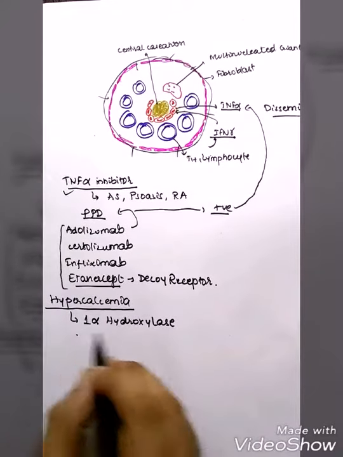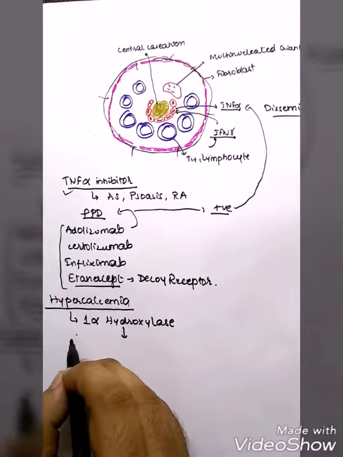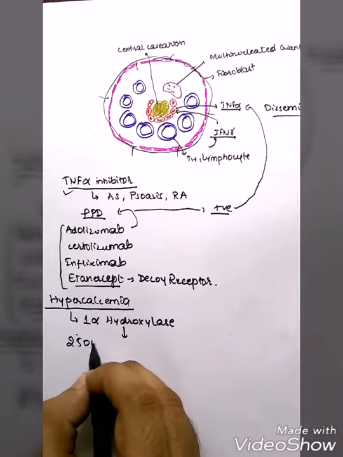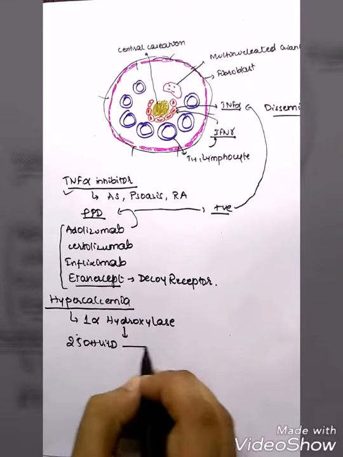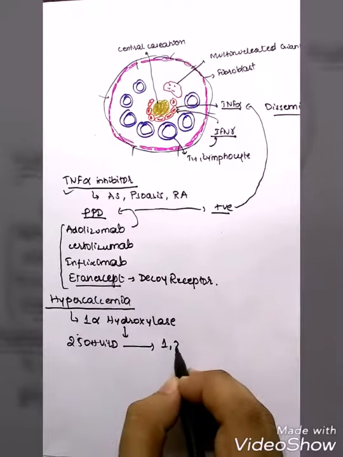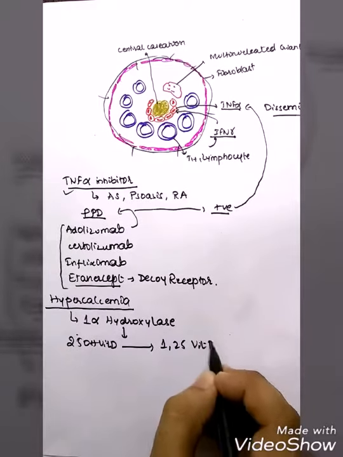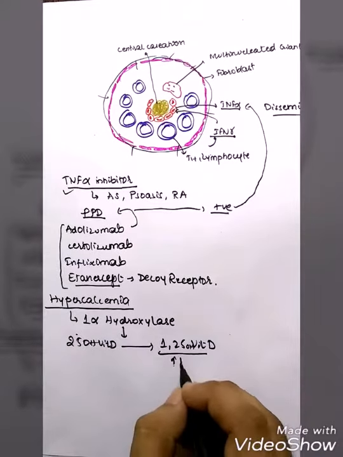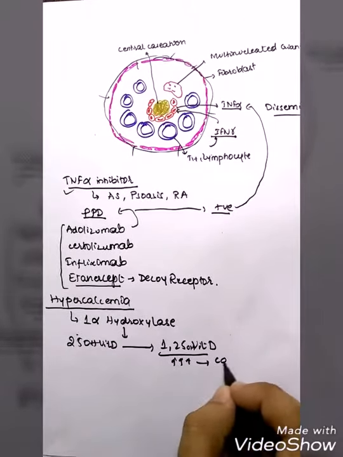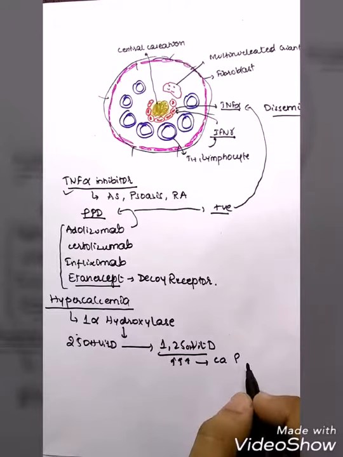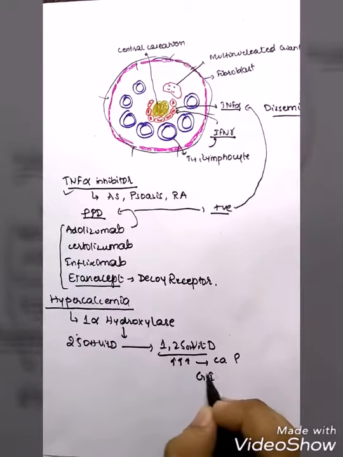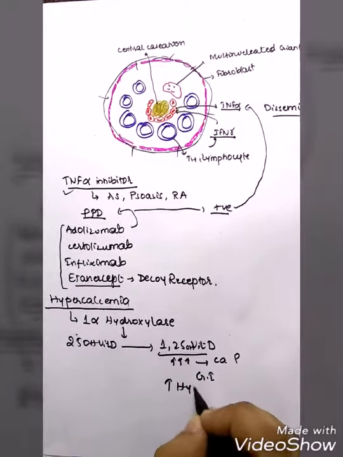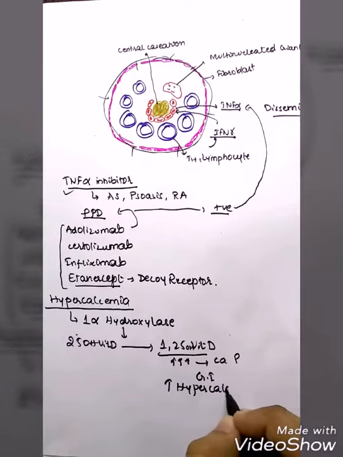When it is activated, it causes the conversion of 25-hydroxy vitamin D to its active form. Now what happens? The vitamin D will be elevated and it causes calcium and phosphate reabsorption from the GI tract, and in this way the patient will present with hypercalcemia.